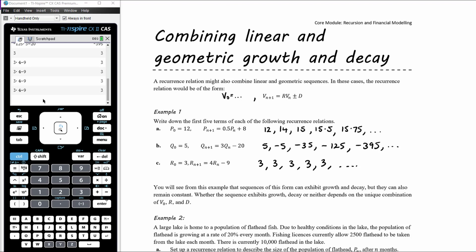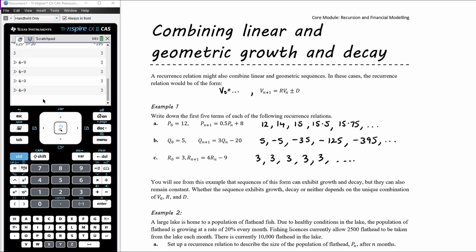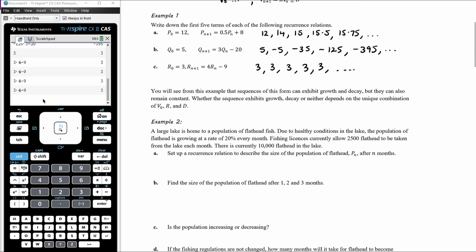Similarly, 4 times 4 is 16, subtracting 9 is 7, so I don't get back to 4, it's going to continue to grow. As I said, we'll look at a specific financial maths application where that's important down the track, and that's what that little paragraph talks about.